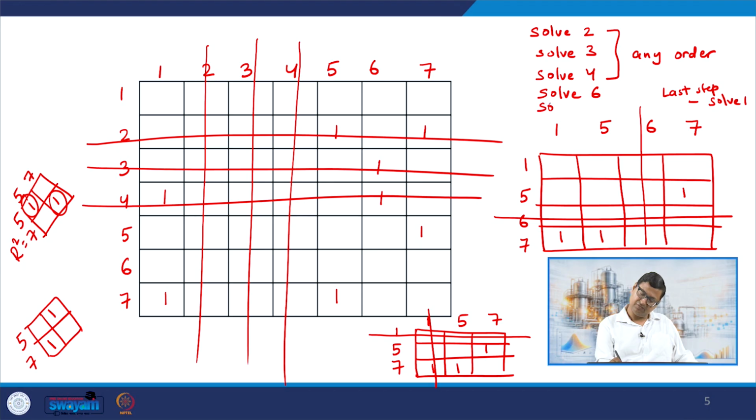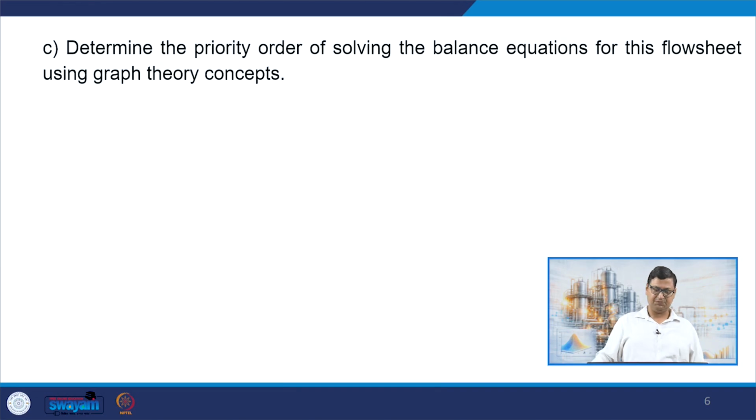So, we will solve 5 and 7 simultaneously, right, and we already have figured out the last step, that is solving 1, right. So, we basically have a solution scheme for this graph using the graph theory concepts. Whatever we have done, this becomes the priority order. So, let me list it.